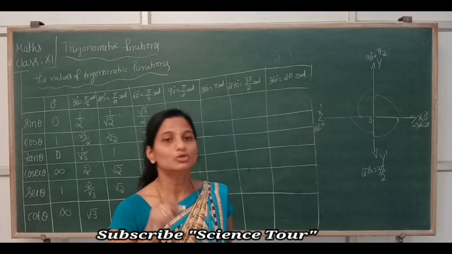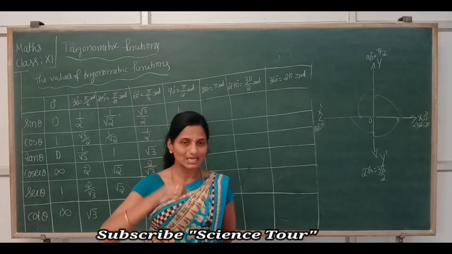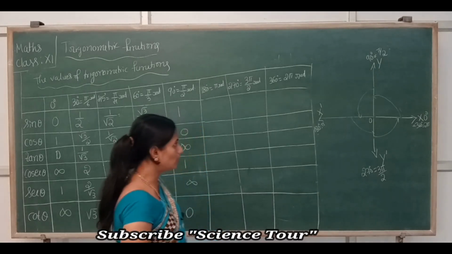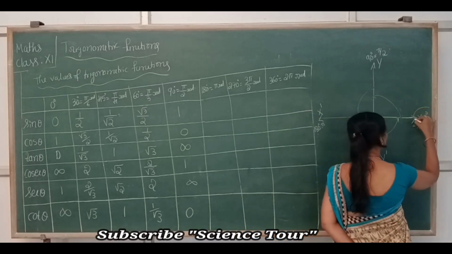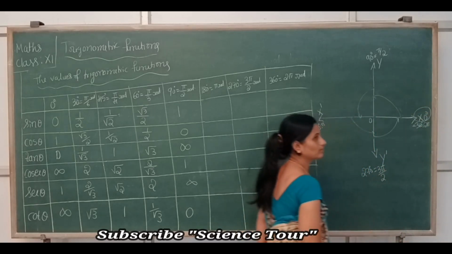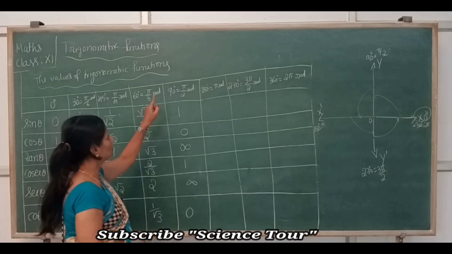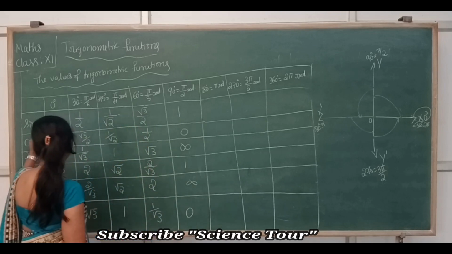Next 270 degree or 3 pi by 2 comes on the negative y-axis. Clear? Yes. Now first we'll see the angle for 0 degree. For sine 0, what is the value of sine 0?